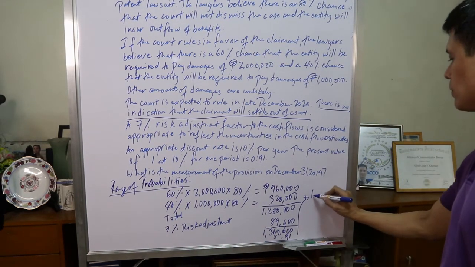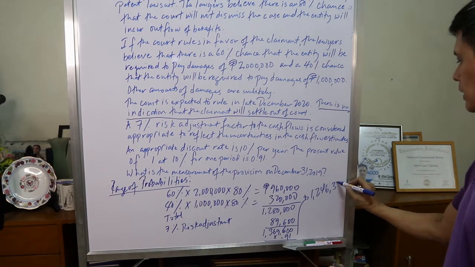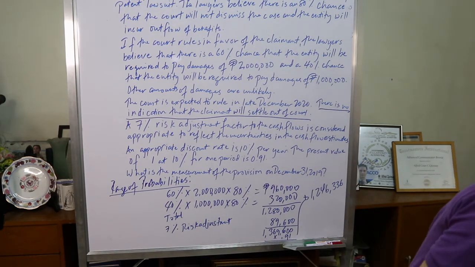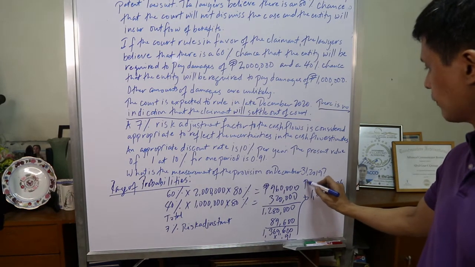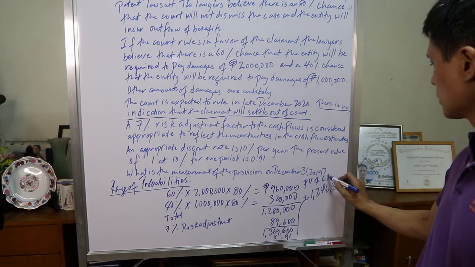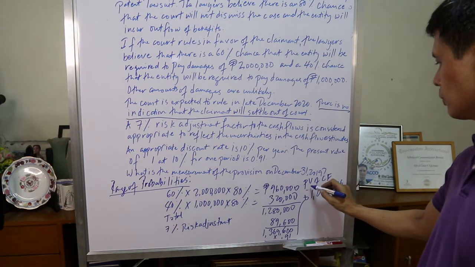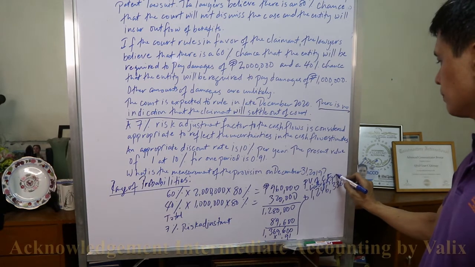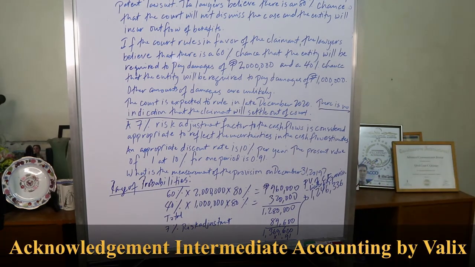Okay, so this would give you 1,246,336. So this is the, anong tawag natin dyan? So that would be the present value of cash flow, no? Ito rin yung ito yung provision natin, no? So we'll recognize this as our liability. Okay, liability provision. Provision for liability para dito sa case na yan.